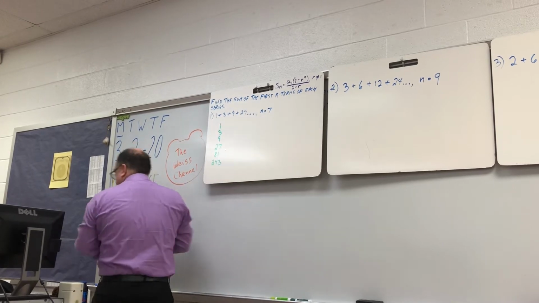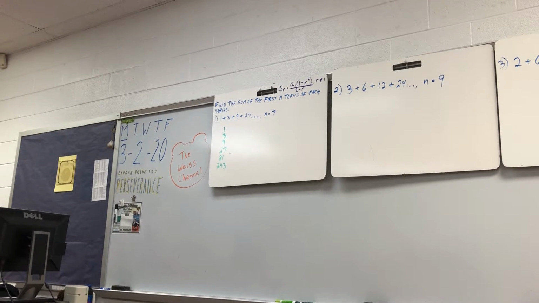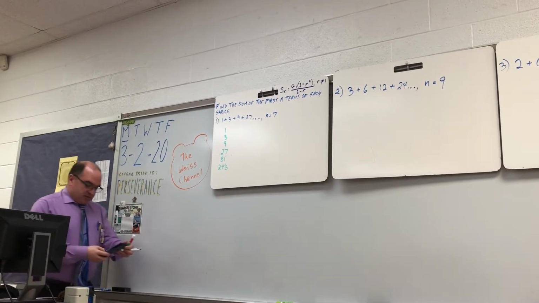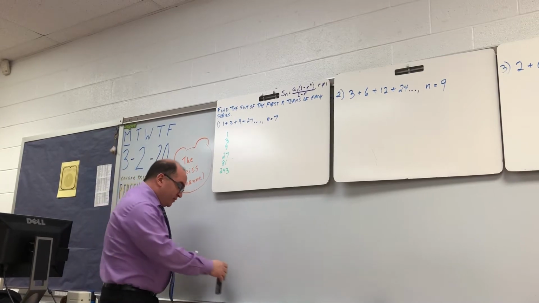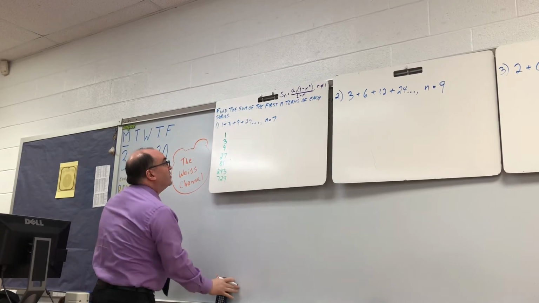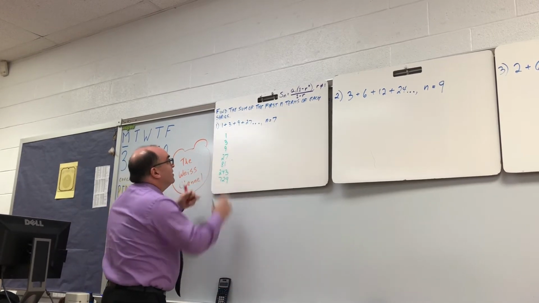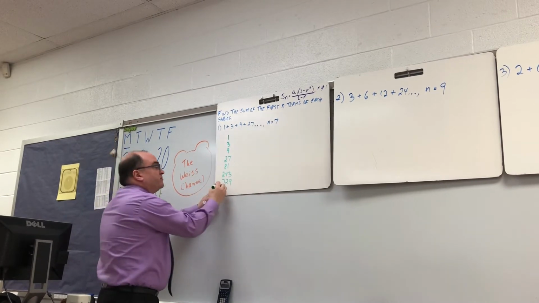I'm going to do 7 of these. 243 times 3 is 729. 1, 2, 3, 4, 5, 6, 7. Okay, so that's 7.